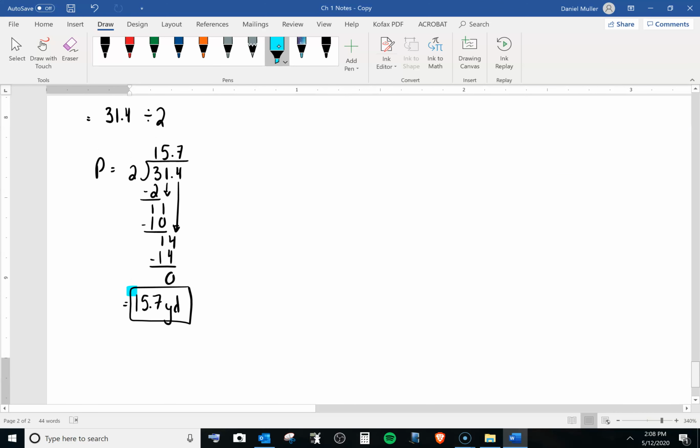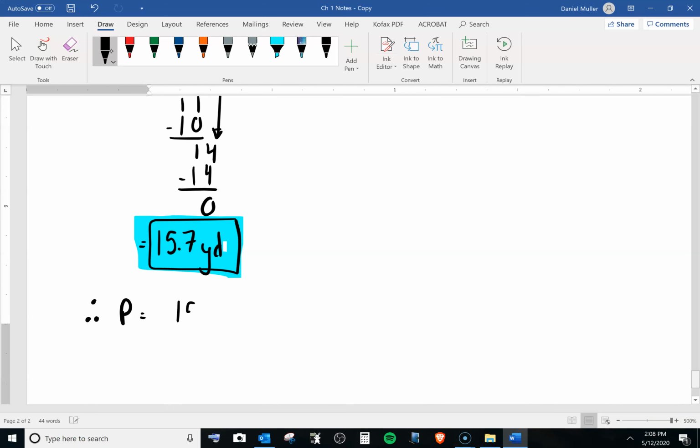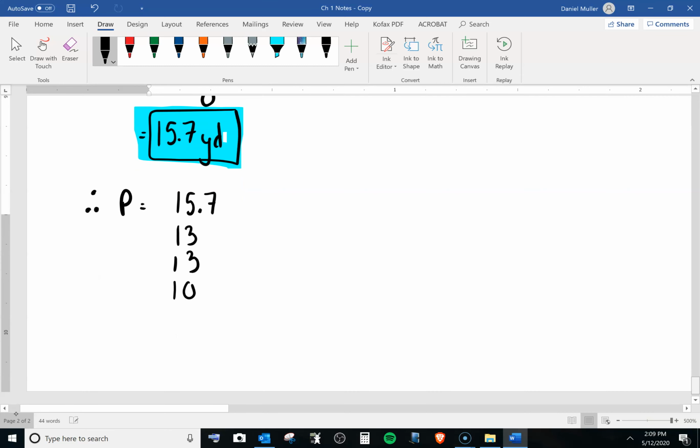So the total perimeter: there's the 15.7, and then we have 2 13s. Those are from the triangle sides. And then a 10 and 2 5s.